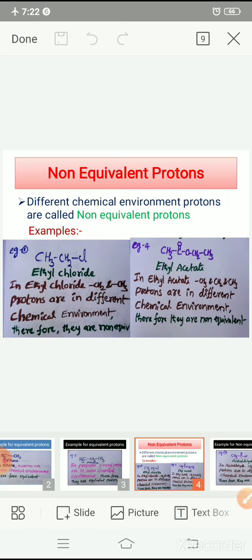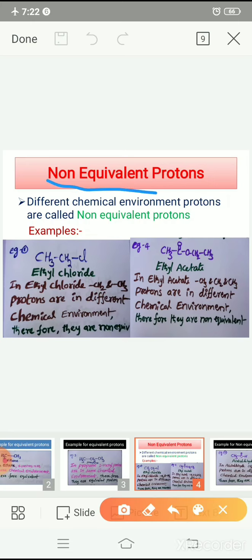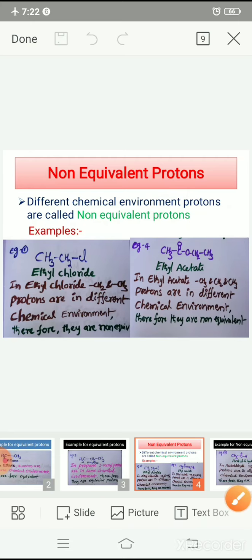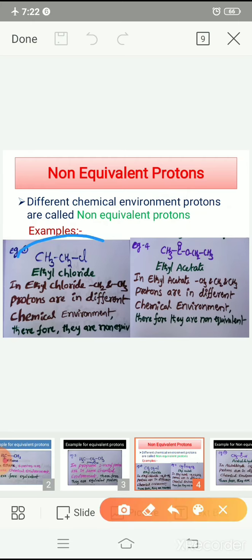Next, non-equivalent protons. Protons in different chemical environments are called non-equivalent protons. For example, ethyl chloride, CH3CH2Cl.